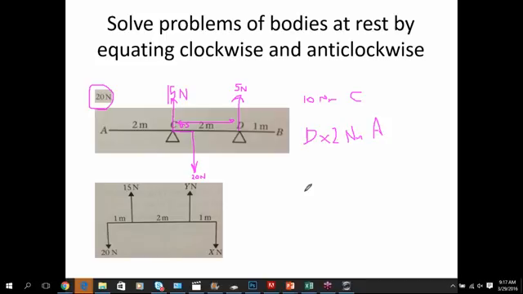Now which one are you going to do? We've done the one. Which one next? How far away is it? 2, good.